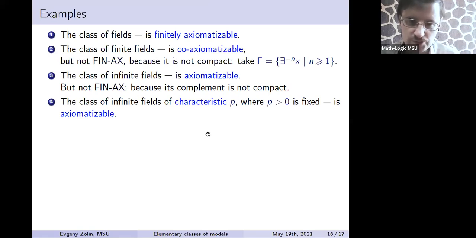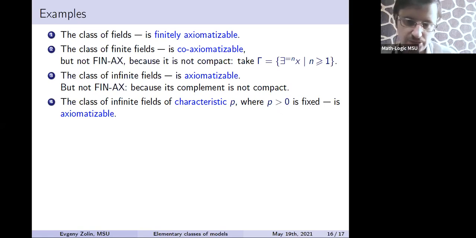And now the most interesting, some class of fields that belongs to the upper species, quasi-axiomatizable. But first, let us add another property, a class of infinite fields of one particular characteristic P. So P is a prime number, a fixed prime number.